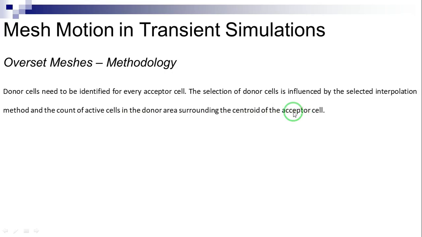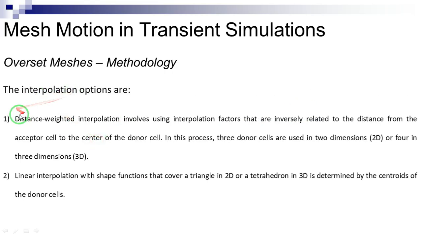The interpolation options are: first, distance weighted interpolation involves using interpolation factors that are inversely related to the distance from the acceptor cell to the center of the donor cell, which means that the nearest cell provides the greatest contribution. In this process, 3 donor cells are used in 2 dimensions, 2D, or 4 in 3 dimensions, 3D. The entire overset assembly procedure is carried out at each time step.